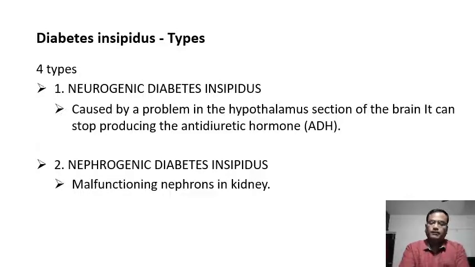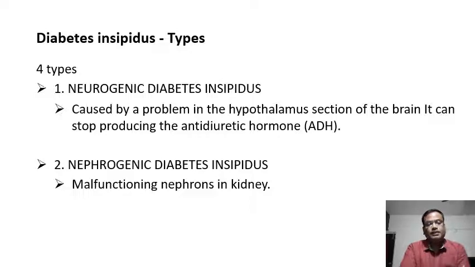Now, if there is something wrong with that part of the pituitary, ADH production is affected, and since ADH is involved in osmoregulation of the body, it will cause diabetes insipidus. So this is called neurogenic diabetes insipidus.